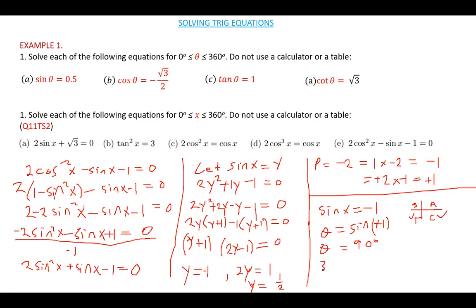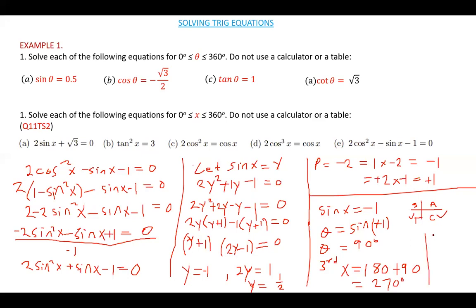So in the third quadrant, the value of x is going to give us 180 plus 90, which gives you, is it 270? Yeah. So this is one of our values of x.